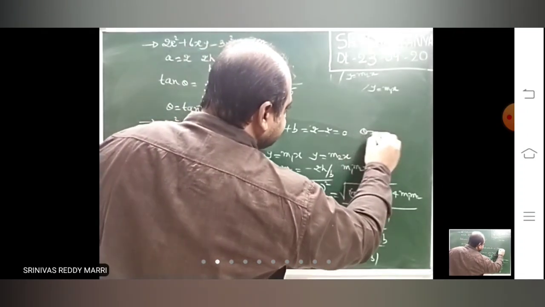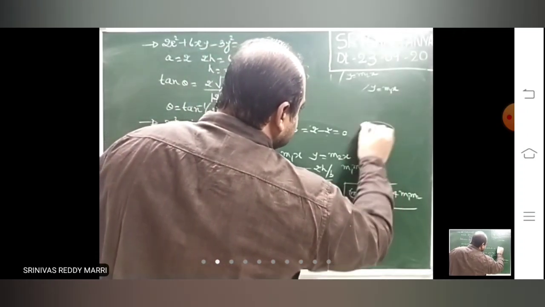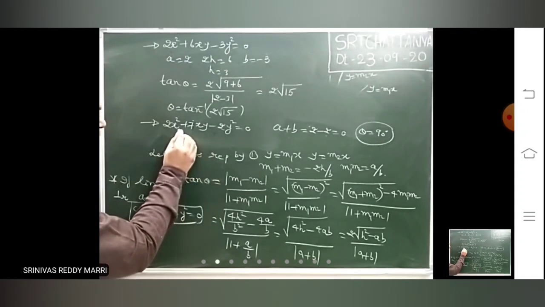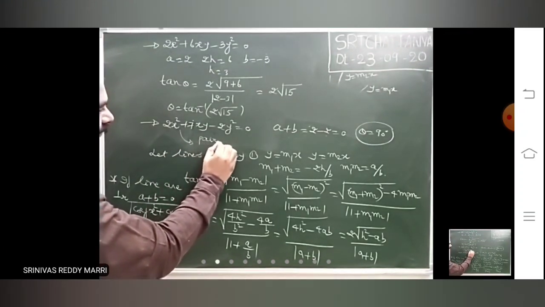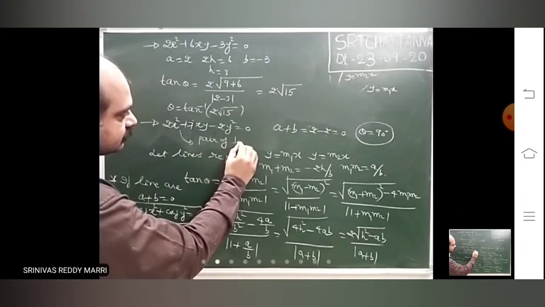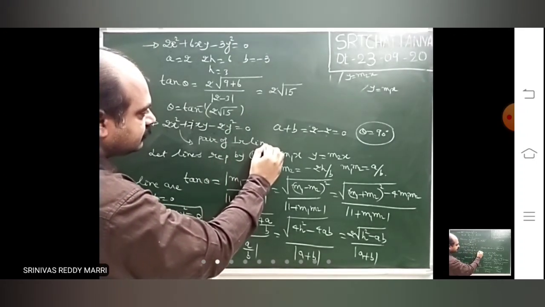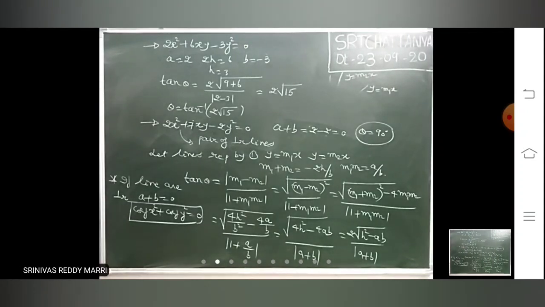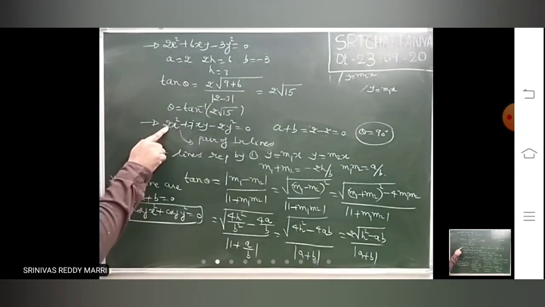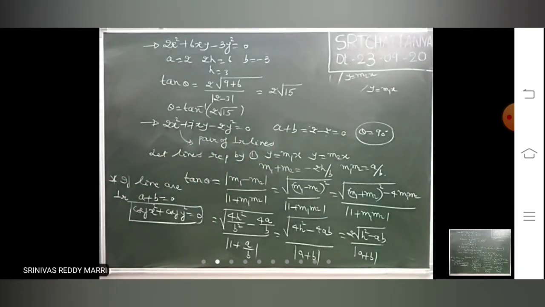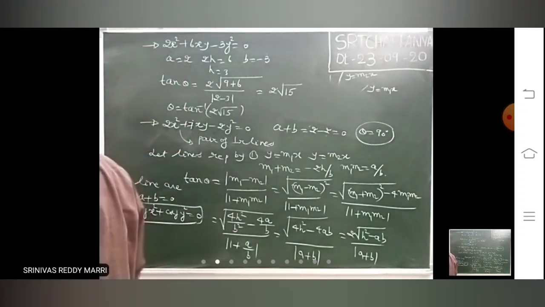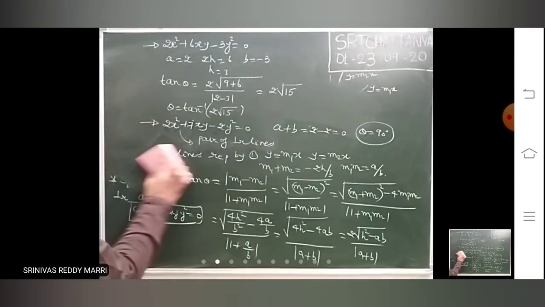That means theta is 90 degrees. These represent a pair of perpendicular lines. Like that, if you observe in the equation that the coefficient of x square plus the coefficient of y square equals 0, then directly you can tell that the angle is 90 degrees.